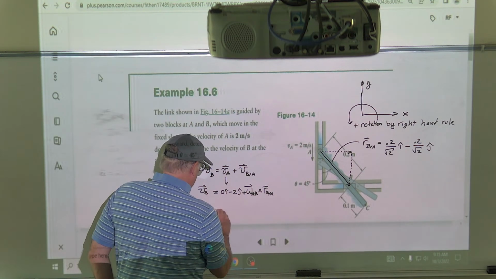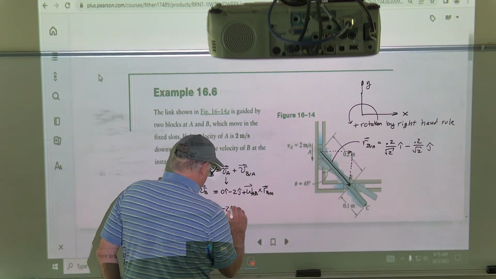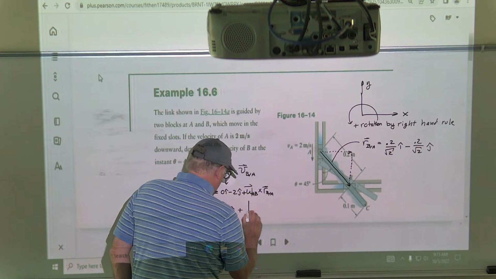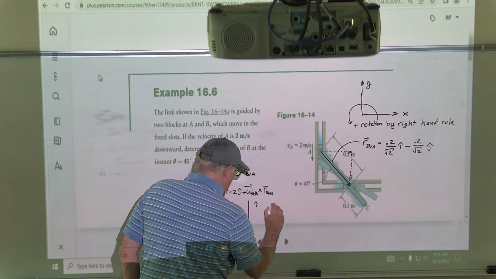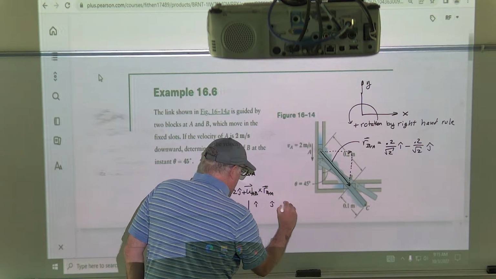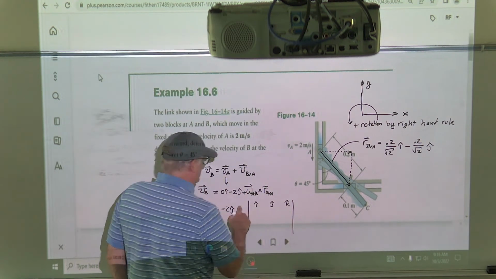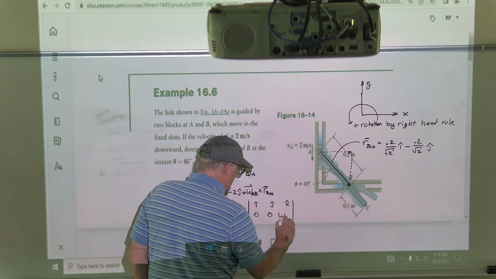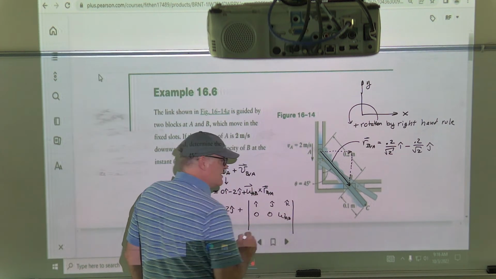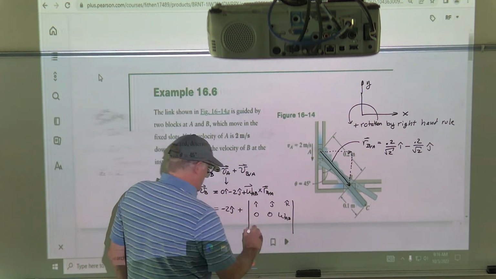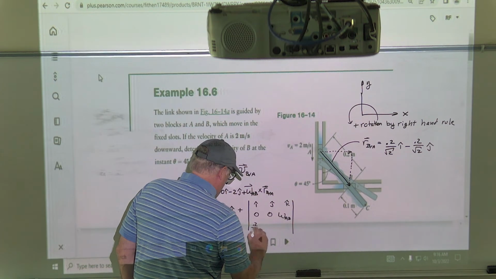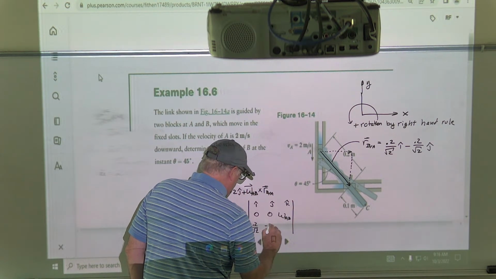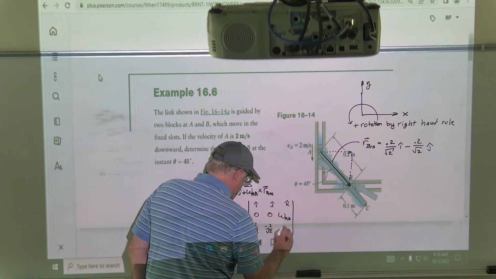Now, I can go down here and do this minus 2J plus, and here's what I always do. If you look back somewhere in your past, you would see this, where you set up this determinant, and let me write all the numbers, and then I'll go back and address everything.